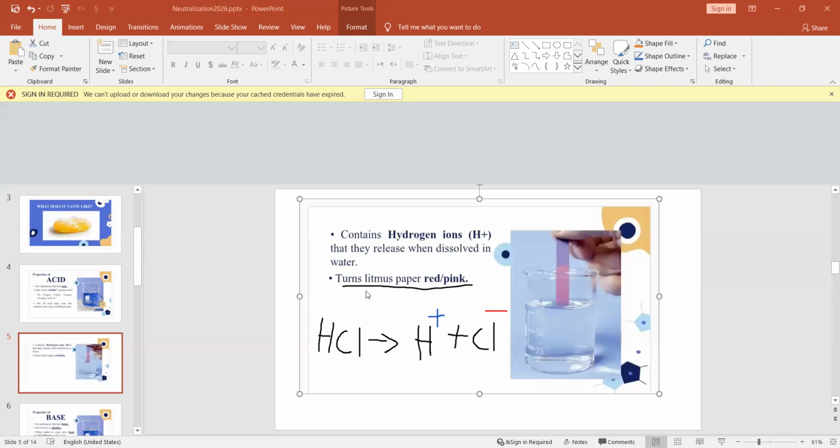But this litmus paper is an indicator. So what's an indicator? Guys, we'll write the definition of indicator here. Please write this definition, do not forget.